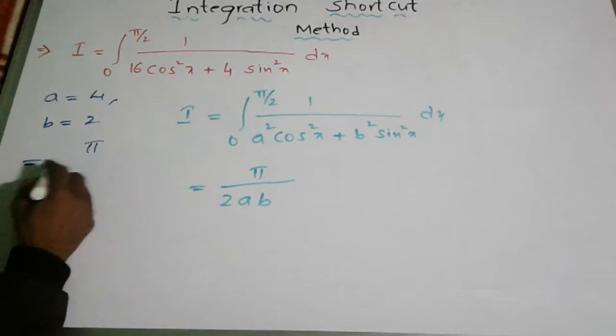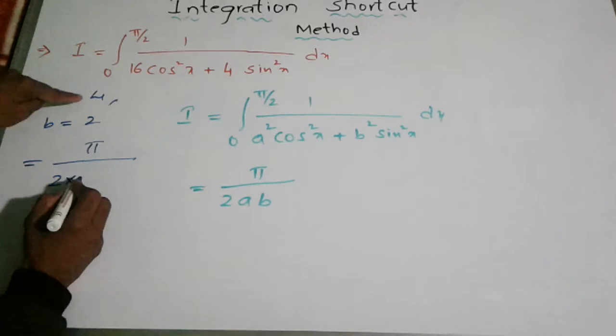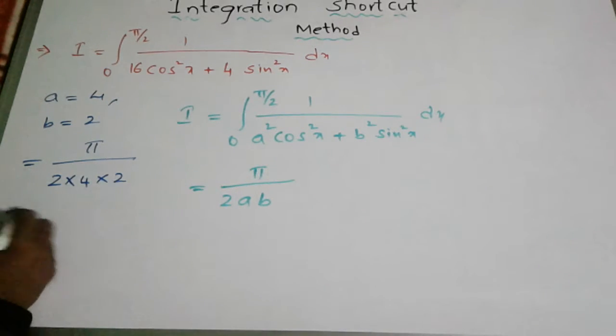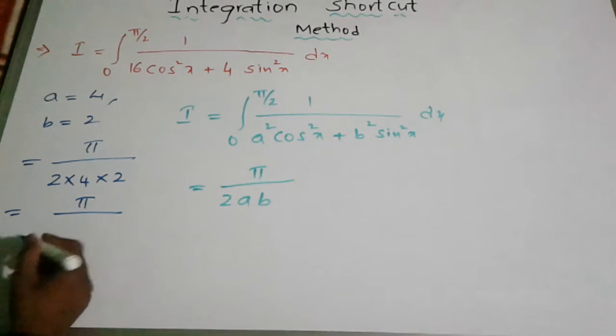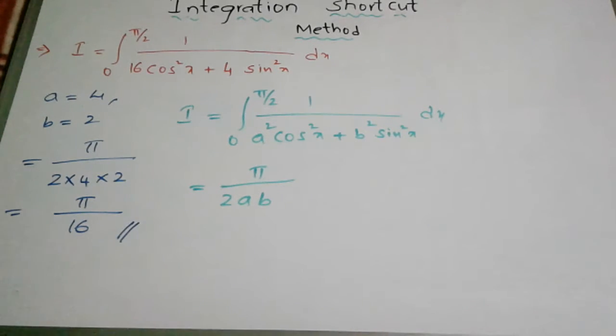That is pi upon 2 multiplied with this 4, that is a, multiplied with 2. So our final answer is: 2 4s are 8, 8 2s are 16, so pi upon 16. This is the solution of this question, right?